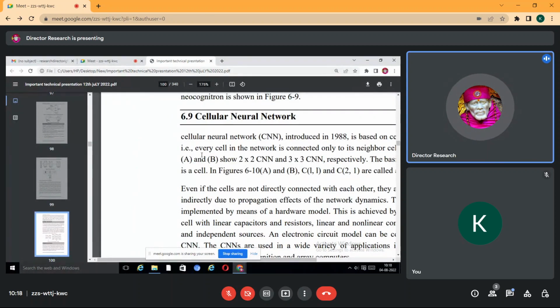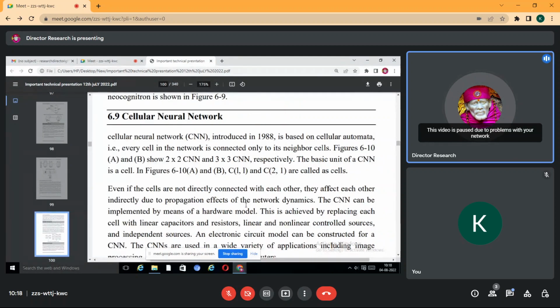Cellular neural network is exactly the starting topic from the last class. The cellular neural network was already introduced in 1988. It is based on cellular automata. Every cell in a network is connected to its neighbor cells.